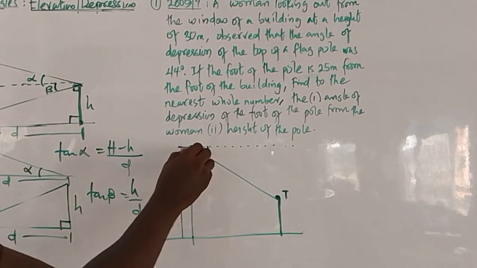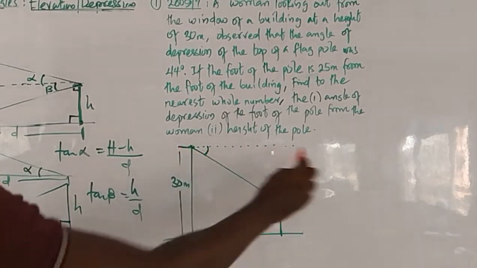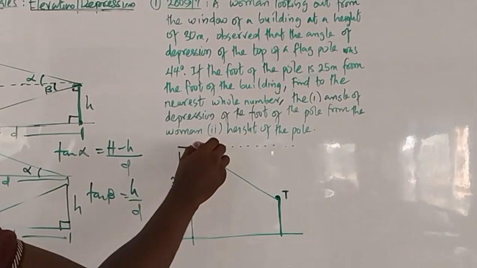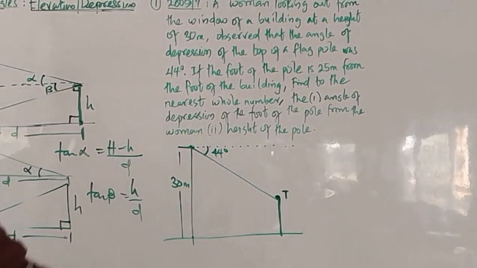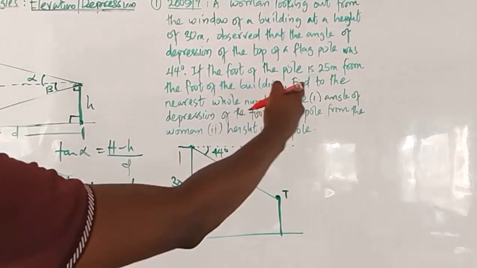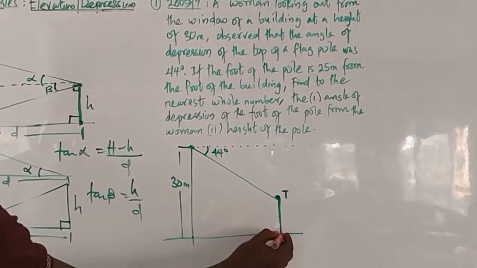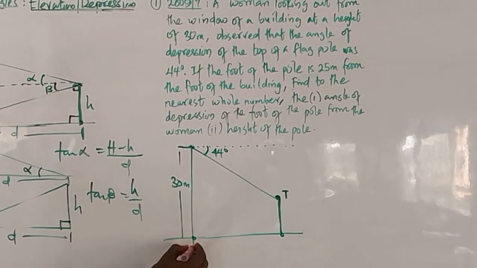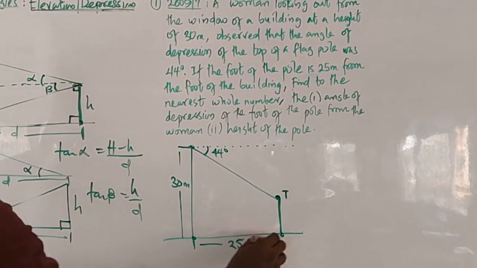So this is the angle of depression, the angle between this line and the horizontal, given as 44 degrees. If the foot of the pole is 25 meters from the foot of the building, so it means from here to here is 25 meters.